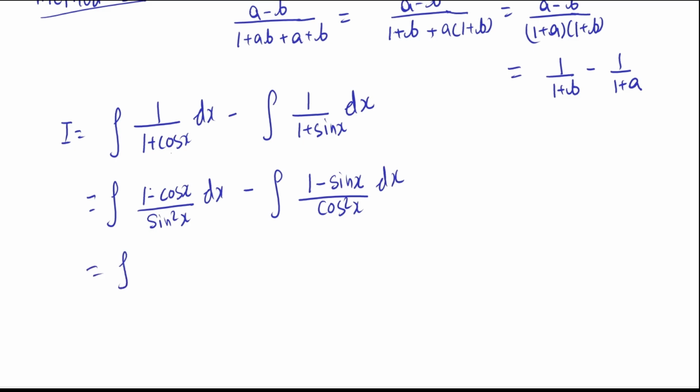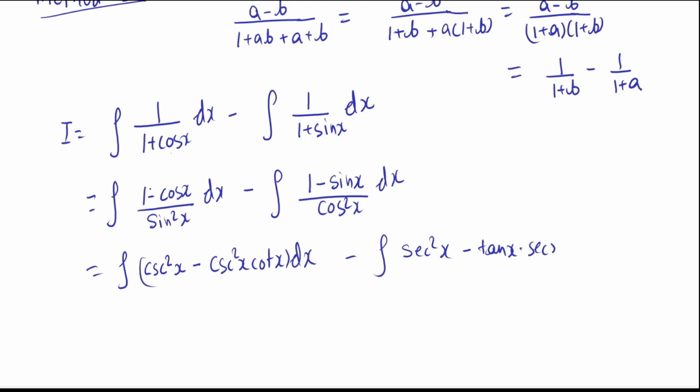And this is basically 1 by sin square x is cosec square x, and this is minus cosec x into cot x dx, minus 1 upon cos square x is sec square x, minus tan x into sec x dx, right?